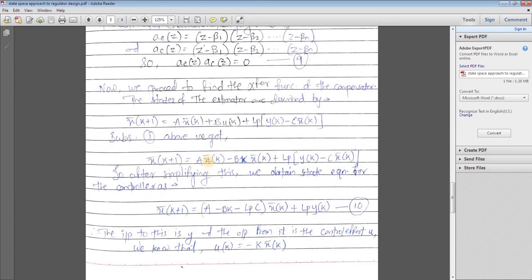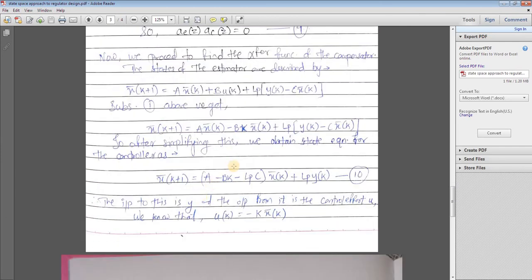The coefficients for x bar are A minus BK minus LpC, where LpC is common. So x bar of k has these coefficients, and y of k has only Lp, which is a constant. This is equation number 10.